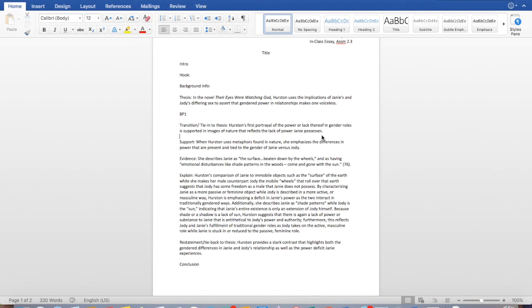So I like that I have discussed the focus of my body paragraph, which is the images of nature, but I don't like that last part because I feel like it's pretty redundant. So I'm going to take this away. I also need to correct this agreement because it's the images that reflect.